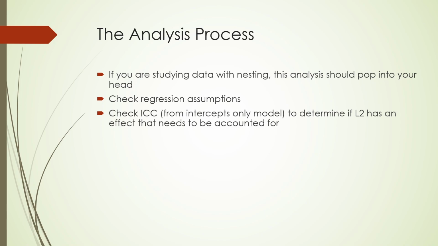And if it doesn't contribute anything, then maybe I choose to not include that nesting structure and just go about my analysis normally. Now, I will say if there's a theoretical reason why you expect nesting or why you had nesting, even if you check the intraclass correlation and it doesn't seem like a particularly large nesting effect, you probably should account for it anyway.